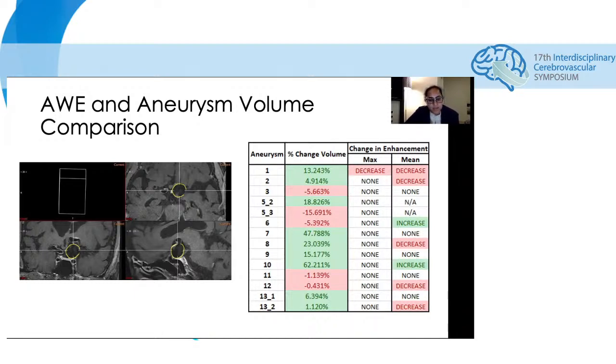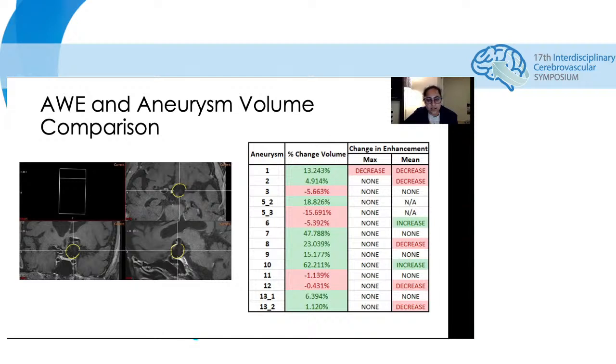We described enhancement as a cutoff, or anything that has a CR stalk of over 0.64. So if our CR stalk max is over 0.64, it's enhancing, or if our mean is over 0.64, it's enhancing. We decided that we would characterize change in enhancement rather than looking at the percentage change in CR stalk.